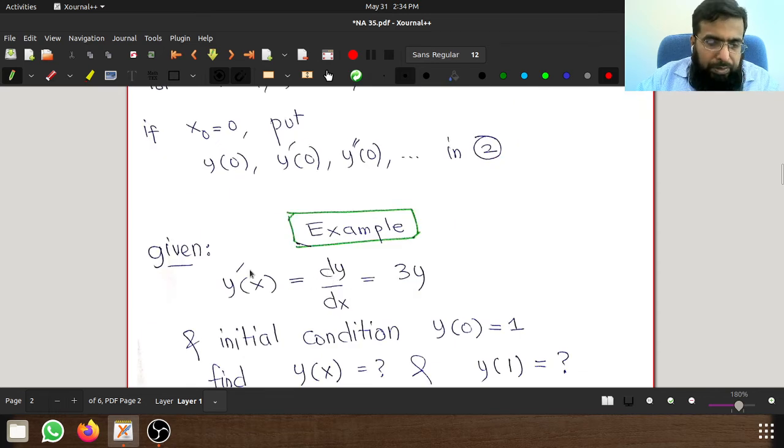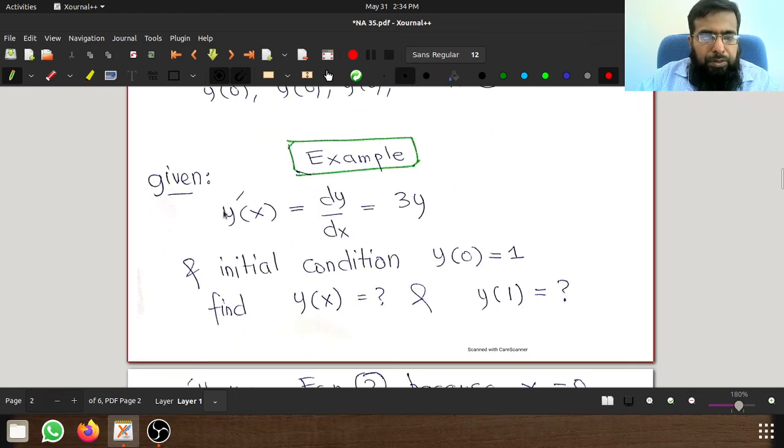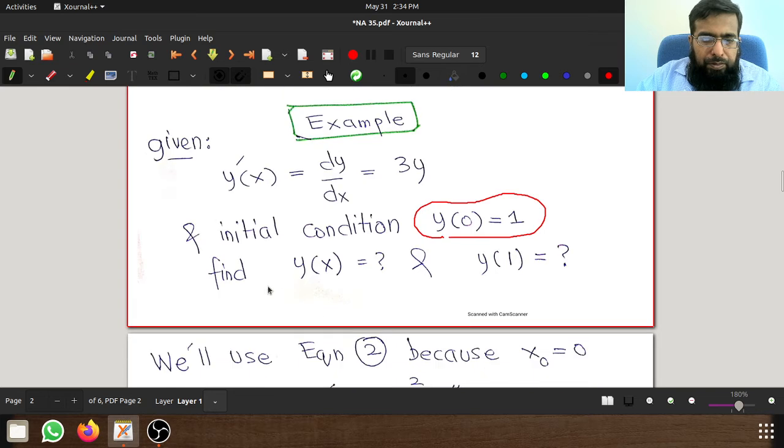Right, so let's solve an example. Given a very simple differential equation, y prime of x, which is dy by dx, is 3y, and we are also given an initial condition that y of 0 is 1. Then we have to find y of x in general, and then we have to find y of 1.